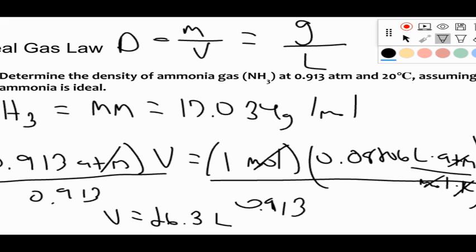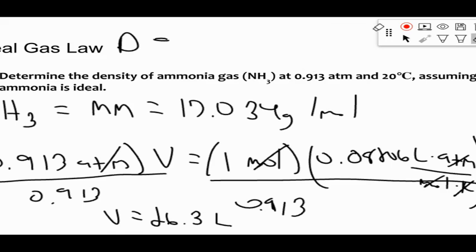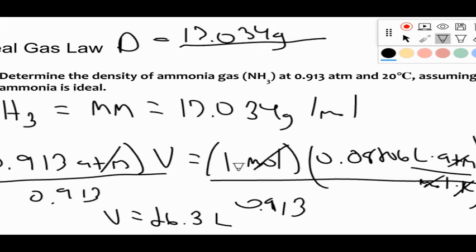So now I have 26.3 liters. So now I can plug it into this equation up here. So I'm going to do my grams, which was my 17.034. And that was in 1 mole. That's what I used down here. And that's going to go over 26.3 liters.